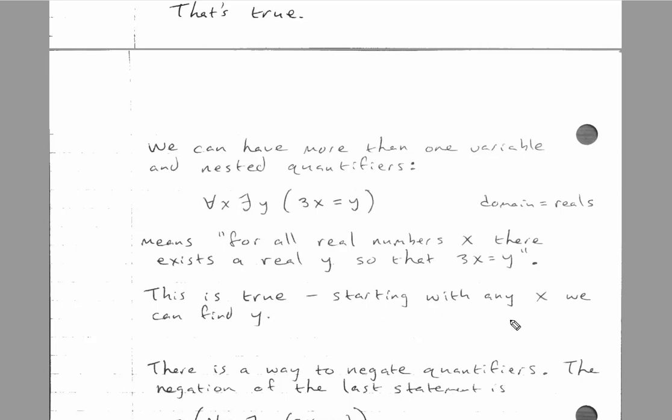Starting with any x, we can find a y. So here we had quantification in two different variables, for all and there exists.